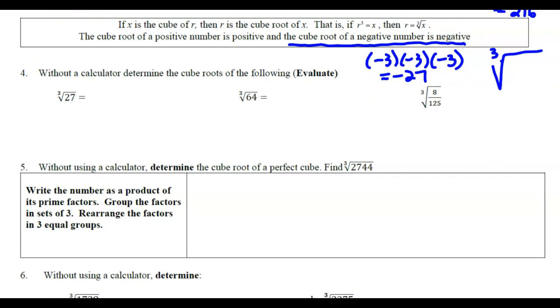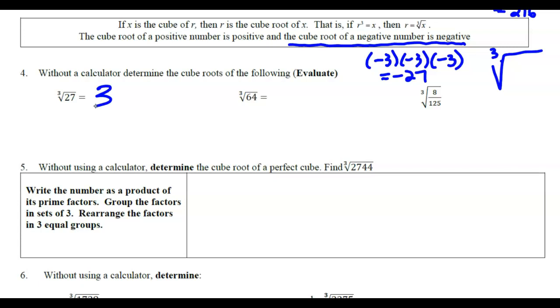Okay? So without a calculator, determine the cube roots of the following. First ones, hopefully you know, and then this is just a fraction. So 27 is 3 times 3 times 3, right? So that's a perfect cube that you're going to need to know off by heart. Basically, the first 5 whole numbers cubed, got to know them.